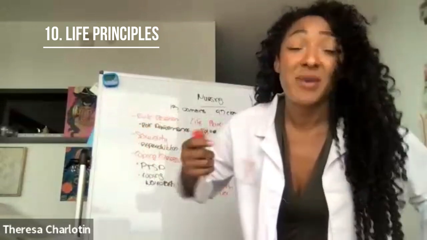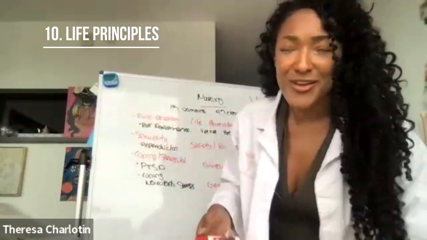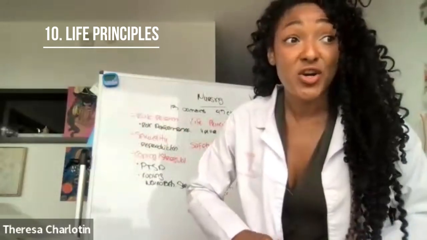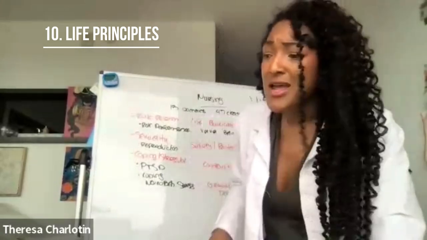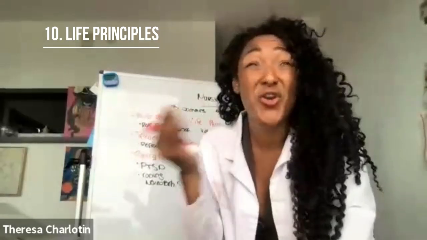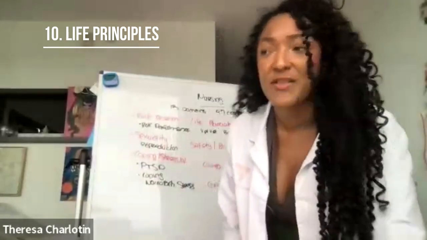Hypochondriacs and Munchausen. Both are psych issues that are attention seeking, where they'll go to a medical professional and say, my stomach's hurting, I think I have cancer, or my head's hurting, I have a tumor, or my eyes hurt when I look at the sun, help me. That's Munchausen's.